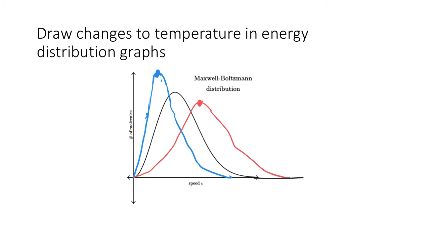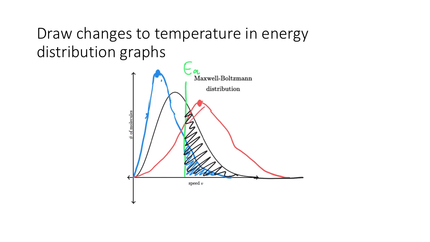Then we also need to take into account the activation energy, the vertical line to show how much energy the particles need. For the blue one, it's only got a very small proportion of particles which have sufficient energy. For the black one, which is the original temperature, we have a larger proportion of particles with sufficient energy.